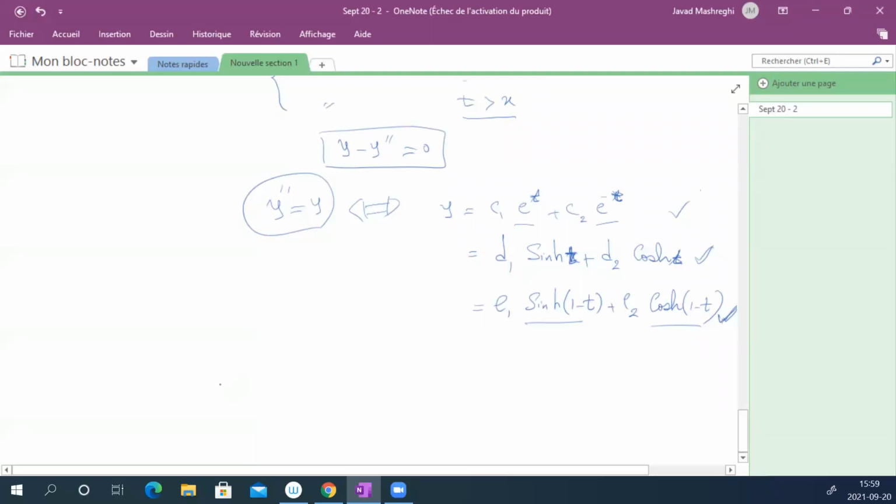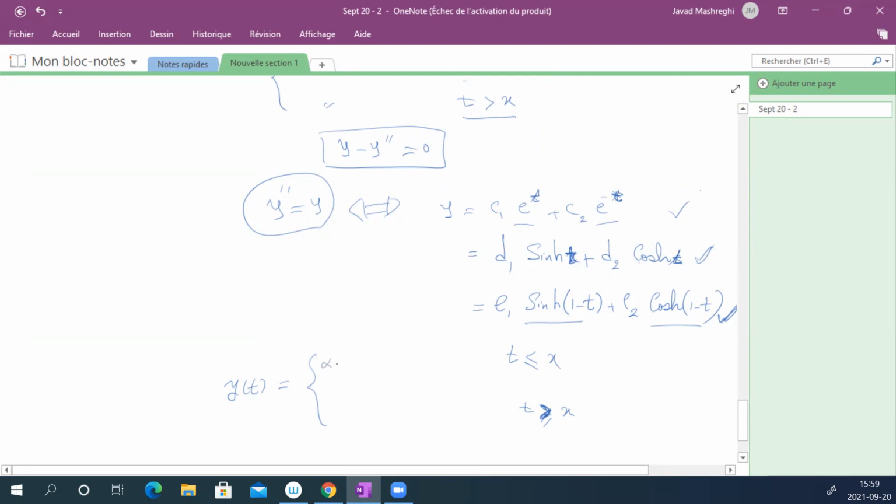So my solution, I write it this way: y of t equal to, for t less than or equal to x, for t bigger than or equal to x. Even I can write equal, doesn't matter. Any of these are acceptable. But I choose this one for t less than or equal to x.